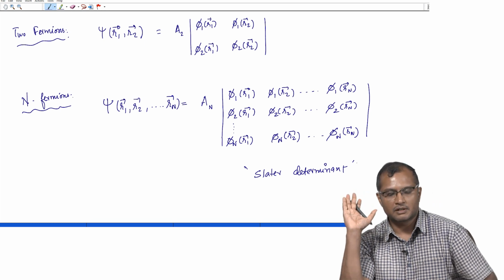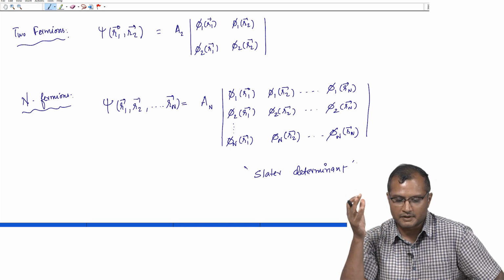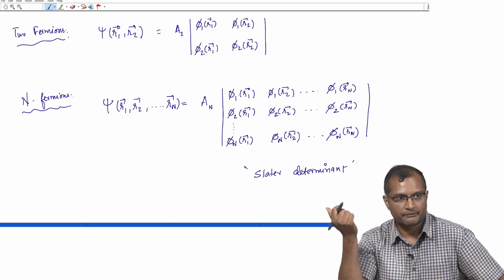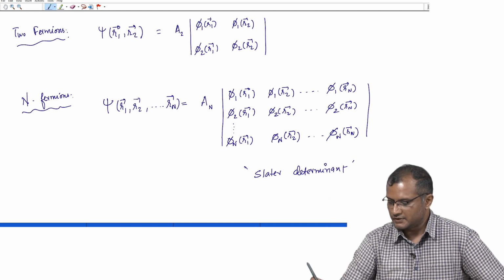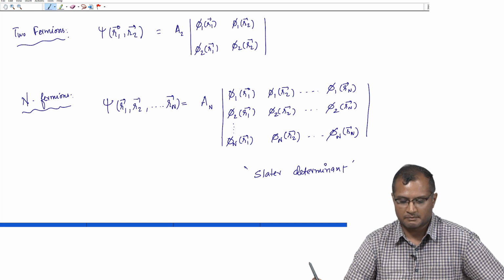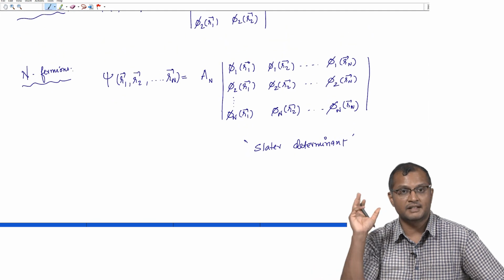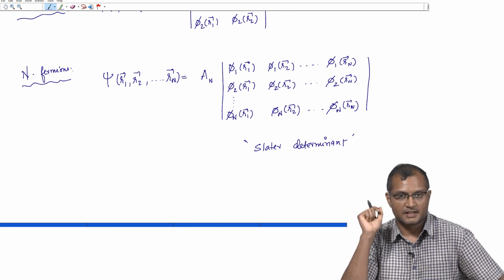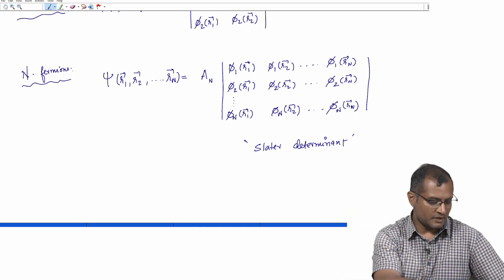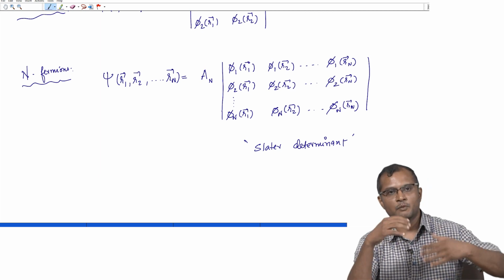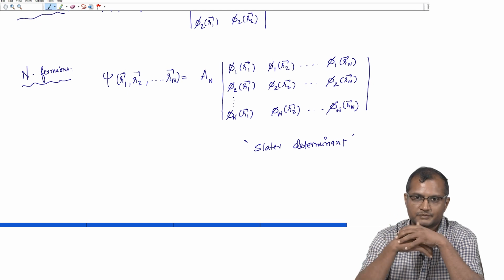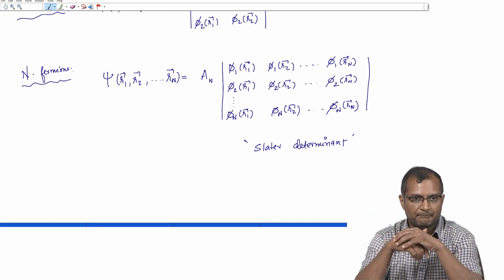A couple of things to be kept clear here is what this normalization constant is. Okay. So, we can work out the normalization constant, and this will give us the n factorial logic. You see, for 2 particles, how many combinations could you construct? 2: 1 2 and 2 1.